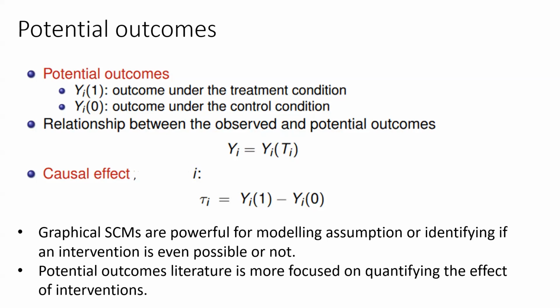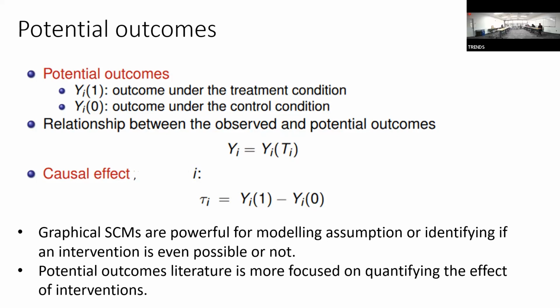Both structural causal model and potential outcomes approaches have useful applications in practice, while graphical SCM are powerful for modeling assumptions or identifying if an intervention is even possible or not. And the potential outcomes literature is more focused on quantifying the effect of interventions.